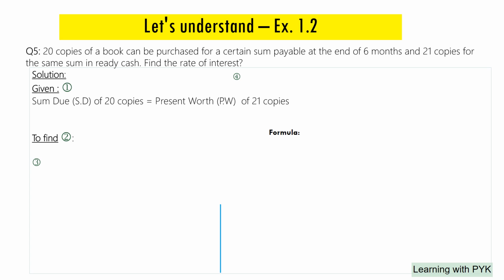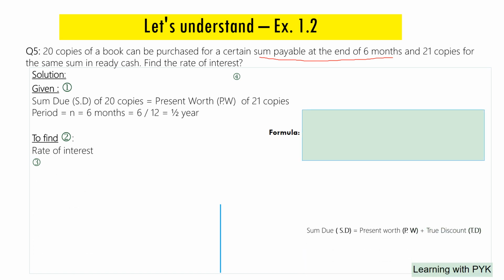Sum due for 20 copies is the present worth of 21 copies. It says that the sum is payable at the end of 6 months. So here we are offering a credit of 6 months, which is same as the present worth of 21 copies. Period N is 6 months. So dividing 6 by 12, that is half a year, we need to find the rate of interest.